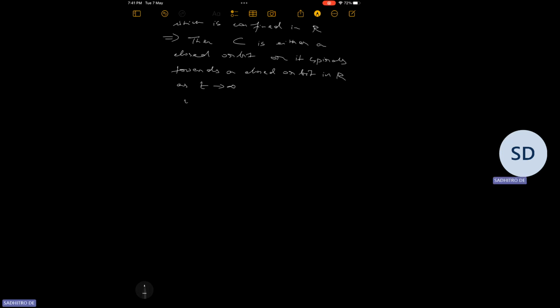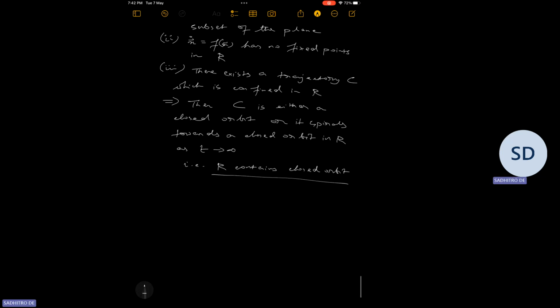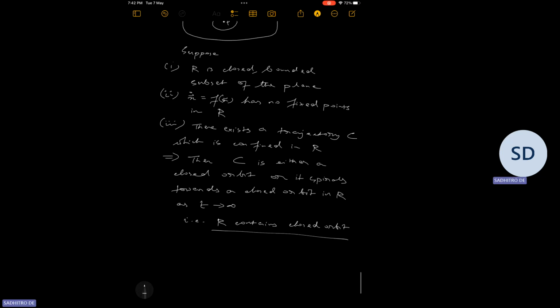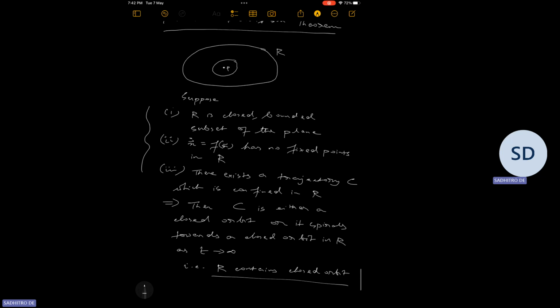In other words, R contains a closed orbit. So this is the statement of the Poincare-Bendixson theorem, which states that if these 3 points are satisfied, then R will contain a closed orbit.